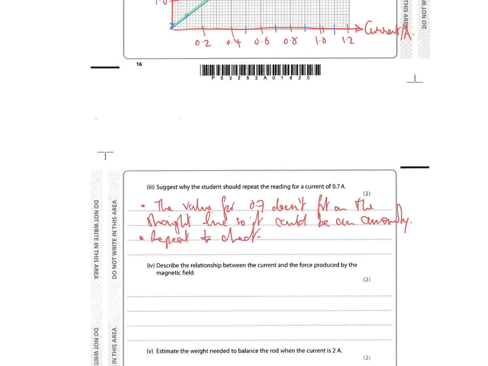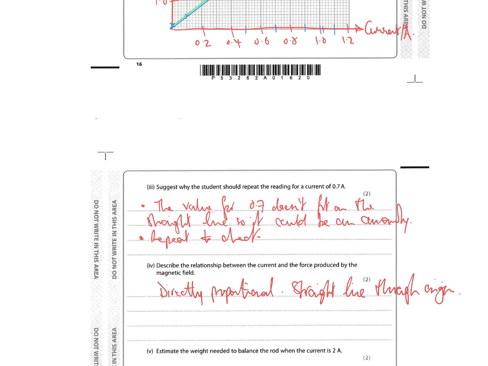Describe the relationship between the current and the force produced by the magnetic field. Now, ordinarily I would say it looks directly proportional. The way you describe it, it's a straight line through the origin, but it's not through the origin.